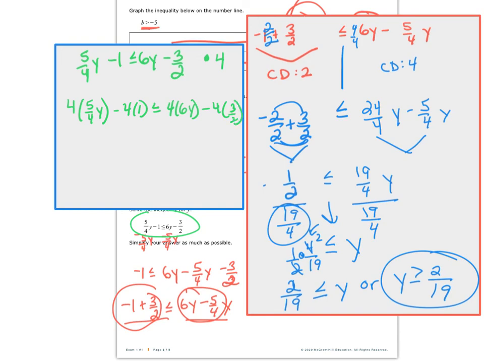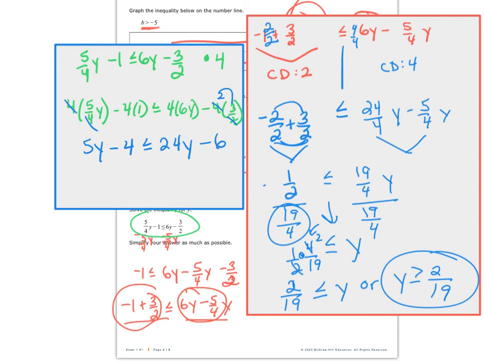So what you do to one side, you do to all sides. So now notice that the 4 goes away with the first one. 4 gets multiplied by 1. 4 and the 6y. And then 2 goes into 4 2 times. 2 times 3 is 6. So see how it just cleared out all those fractions right away?